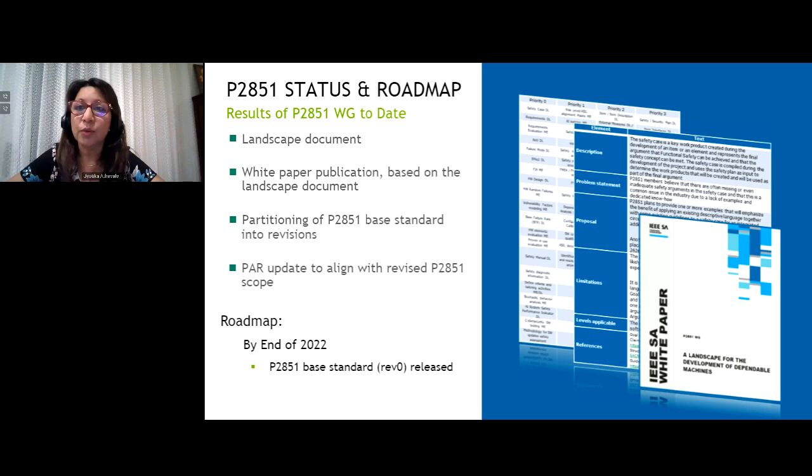Per the family of standard structure that we've defined, this first revision of the domain agnostic dependability lifecycle will contain the definition of the dependability lifecycle, and the different phases of that lifecycle as proposed, showing the linkage of functional safety with each of the dependability attributes. Within each phase, we define the list of activities that need to be considered, including those activities that have topics where interoperability is important.